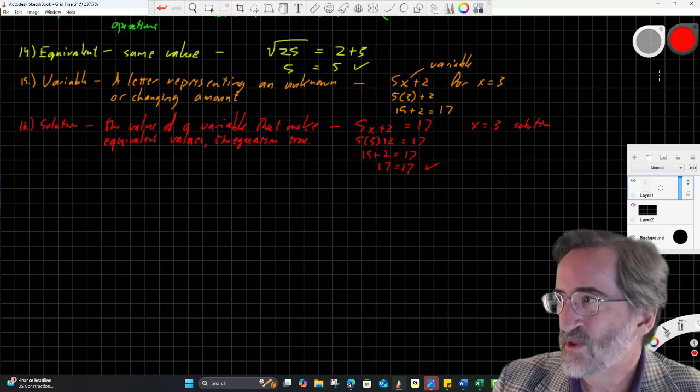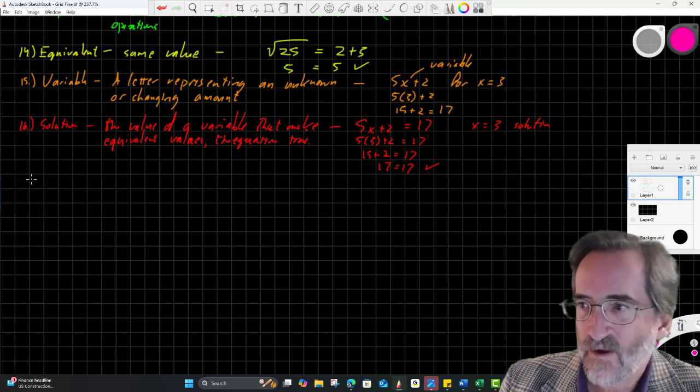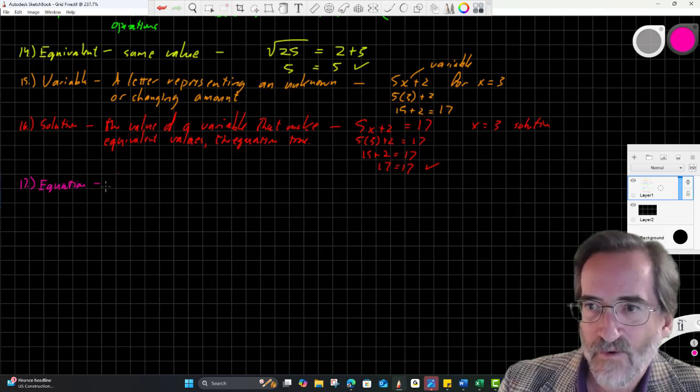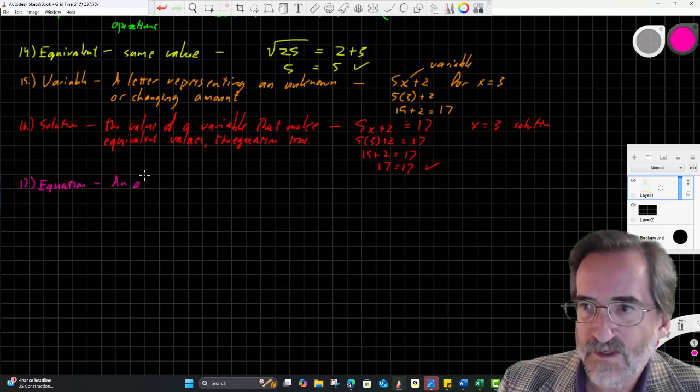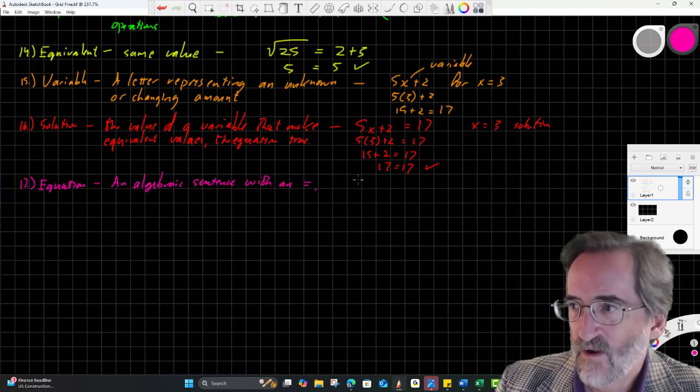Equation, last one. An algebraic sentence with an equal sign. 5x plus 2 equals 17 is an equation.